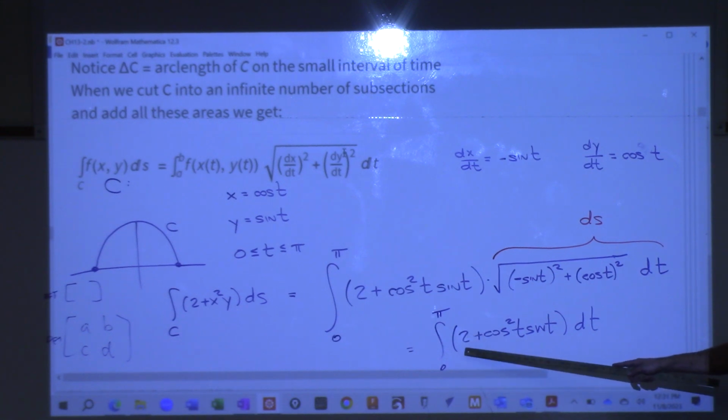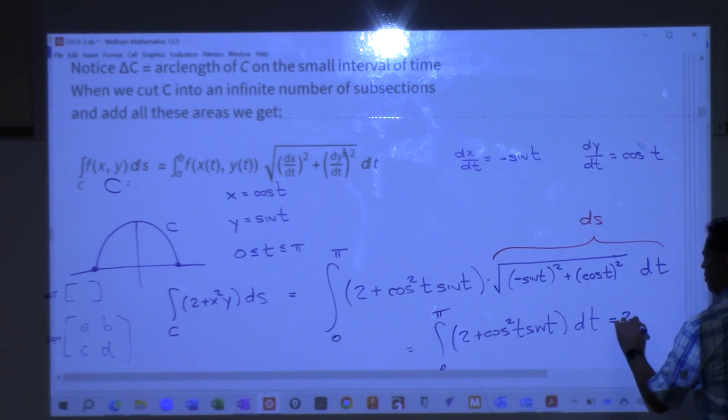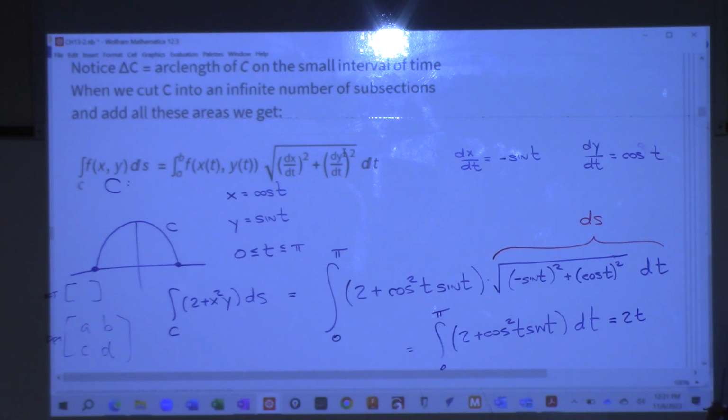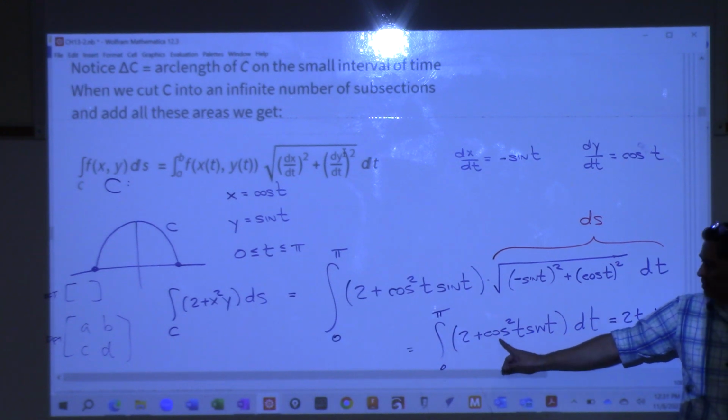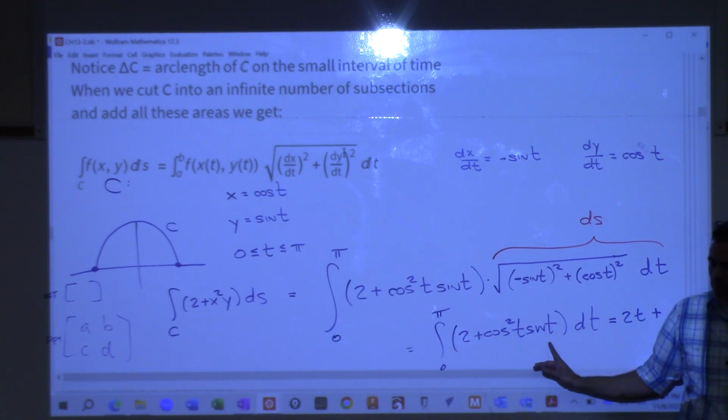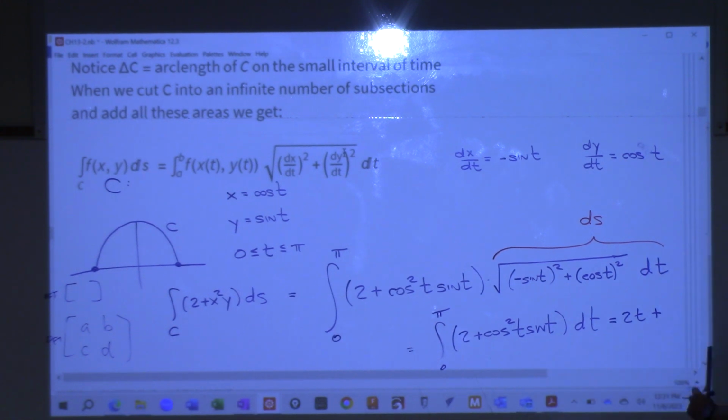So the antiderivative of 2 is 2t, and then here I'll put a plus, but let's think about this. For these two together, you can do a basic u sub. If u is cosine, then that's the derivative of cosine, but you're off by a sign, and then you'll have to scale. So I think it'll be negative 1/3 cosine cubed t.